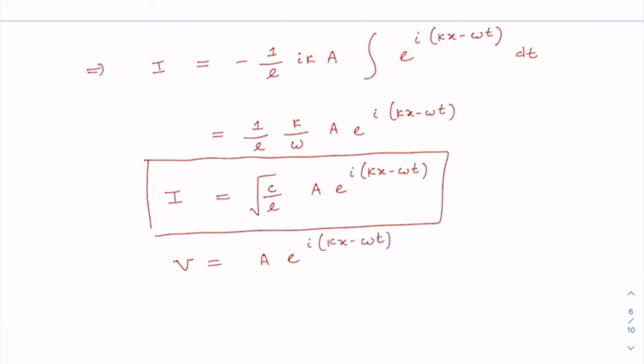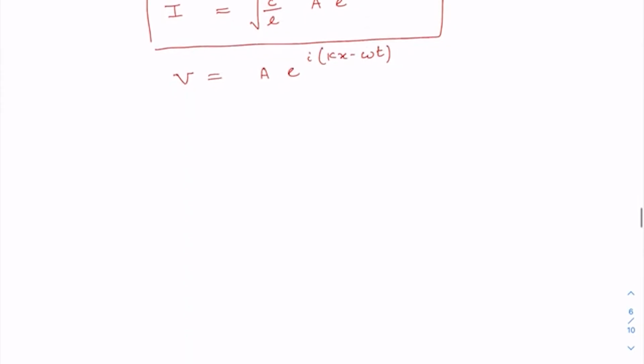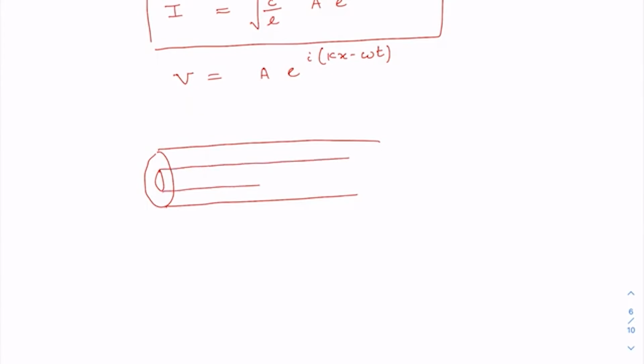Now let us consider the voltage and current at any particular point on the transmission line. If we look at the picture of the coaxial transmission line, which has an inner cylinder as well as an outer cylinder, let us say in the inner cylinder, at any given point here the current is I of x,t, going along the x direction, and its potential here is V of x,t.